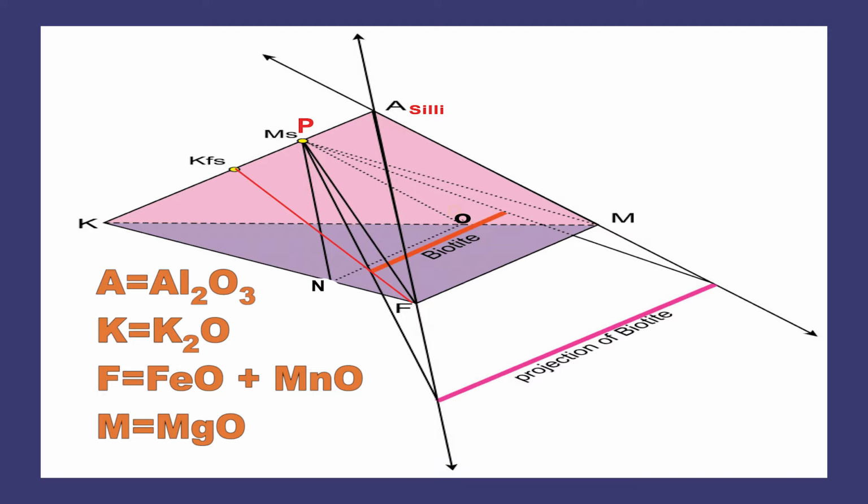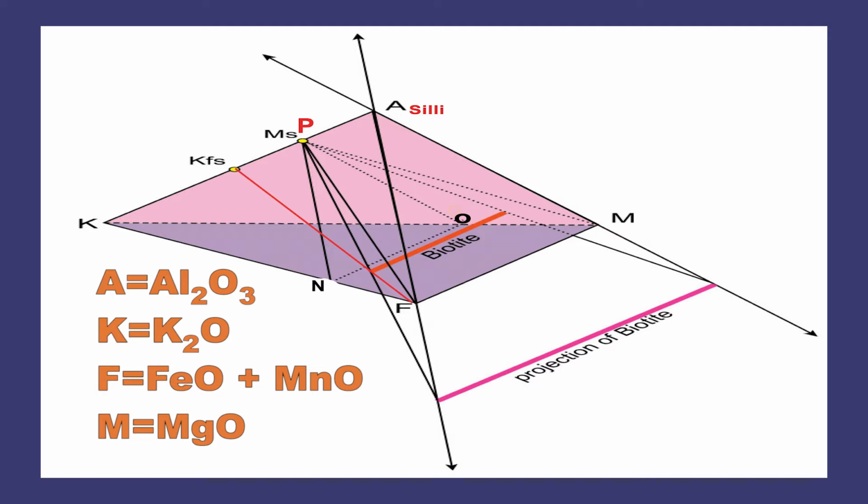Those compositions lie on the tetrahedral sector PAFM projection within the AFM triangle itself. Examples are almandine, staurolite, chlorite, chloritoid, etc.